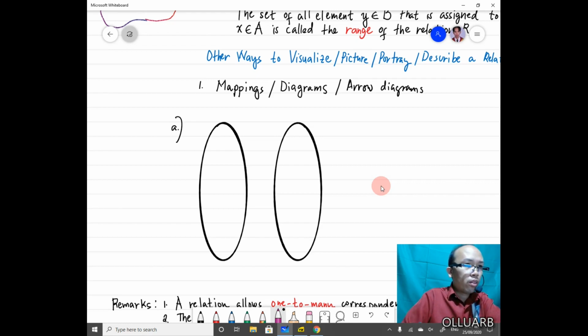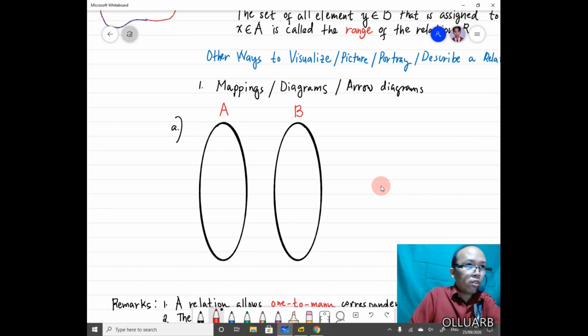For example, if you have a set A here, this is your domain. Don't forget, this is your domain. Here, this is your codomain. So let us again have a simple illustration.